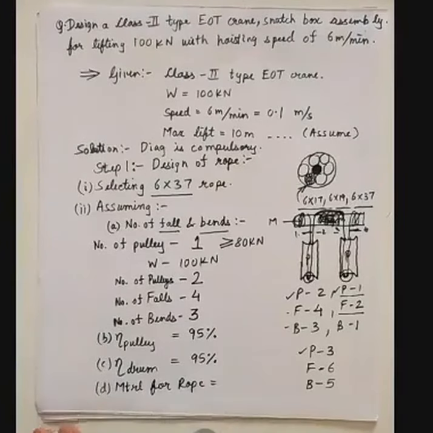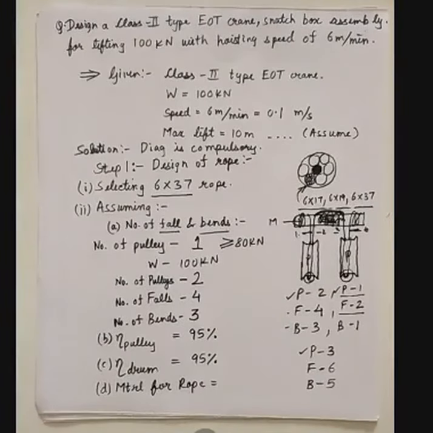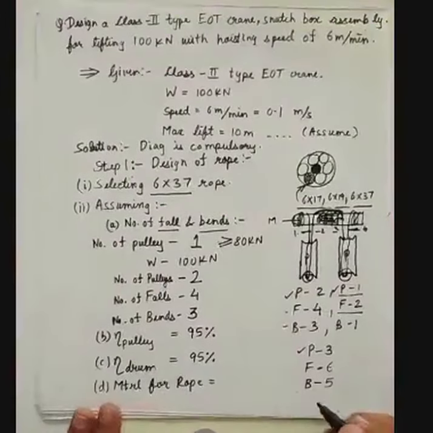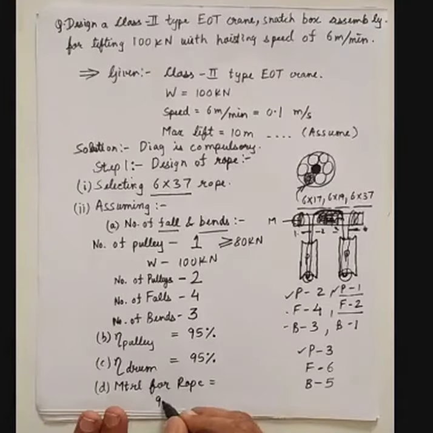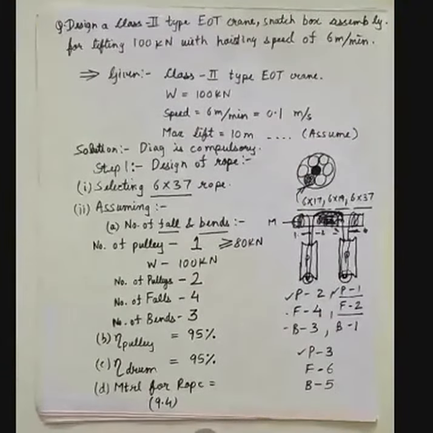Material for the rope. Move to PSG 9.4 for the material of the rope.